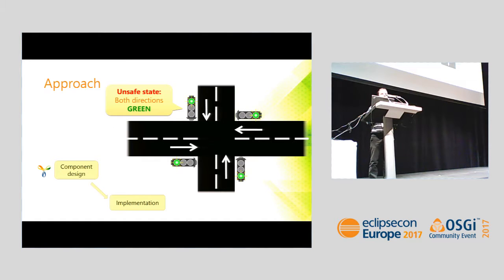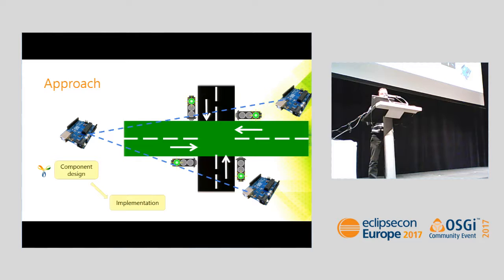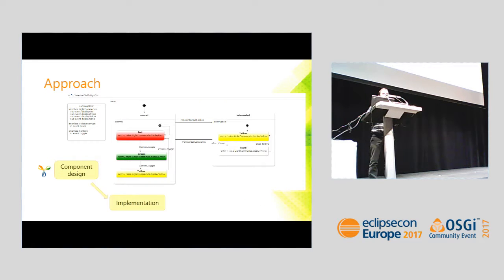The unsafe state of the system is the situation when both directions are green. So we have distributed controllers, each responsible for one direction, and a main controller controlling each controller.